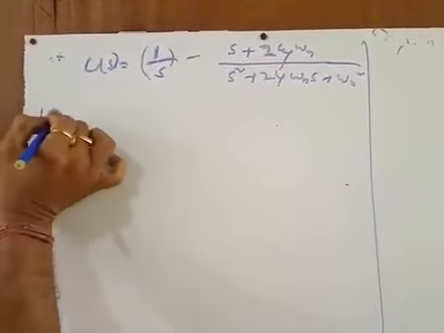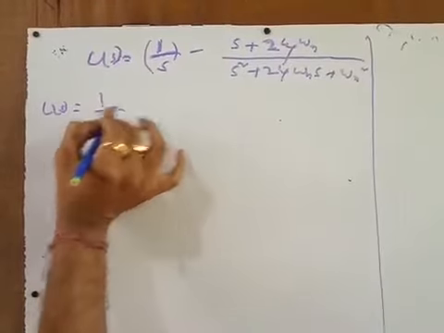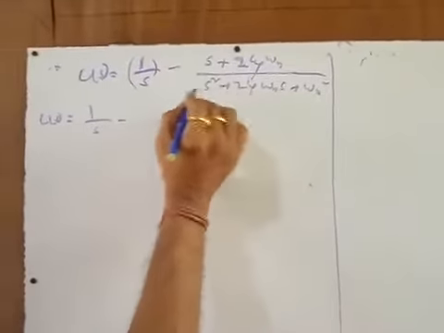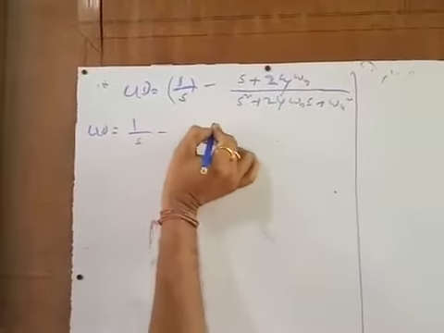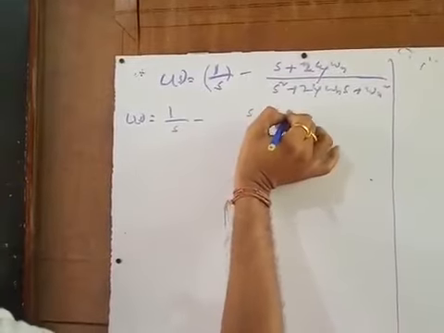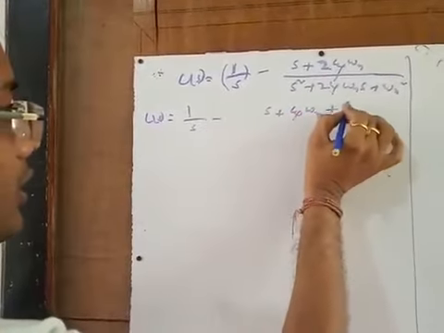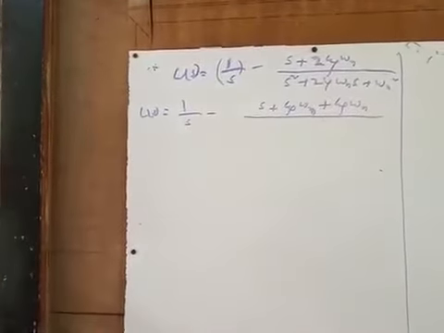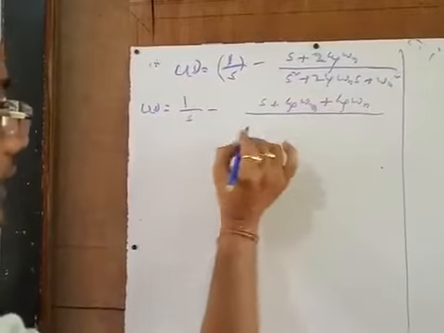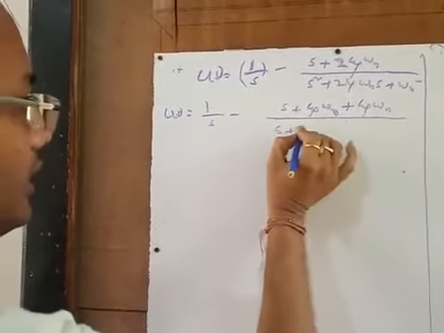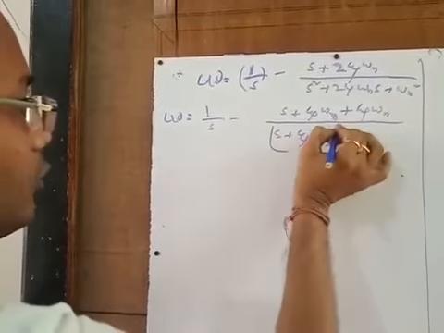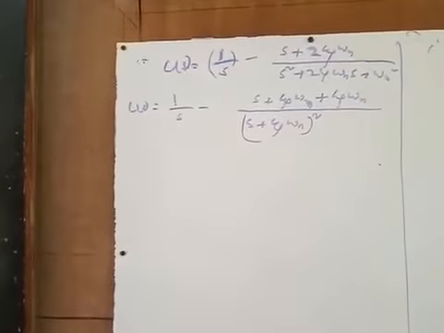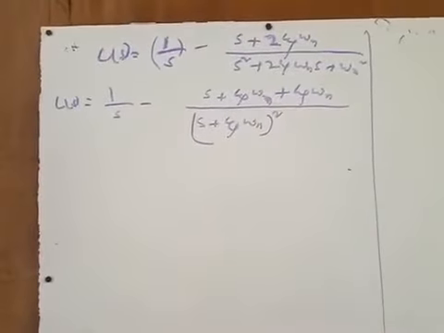We can write C(s) like 1 by s minus, just see what we are trying to do here. We are getting s plus xi omega n plus xi omega n. That means this 2 xi omega n is written like xi omega n plus xi omega n. And here, if I write s plus xi omega n whole square, what do we get?